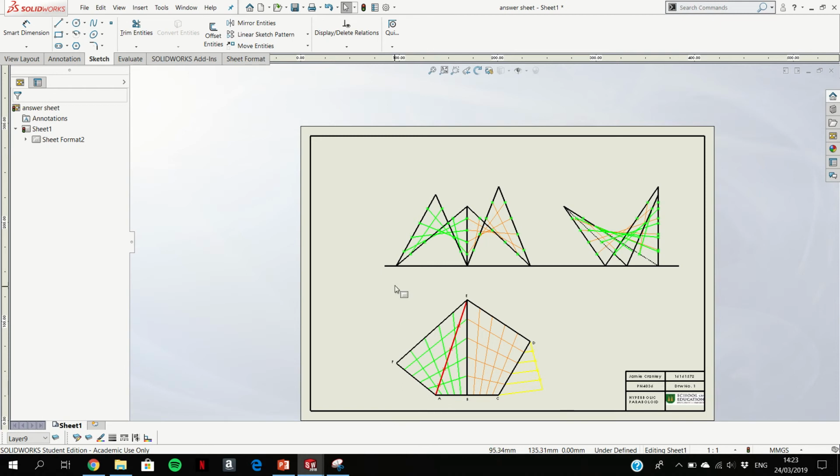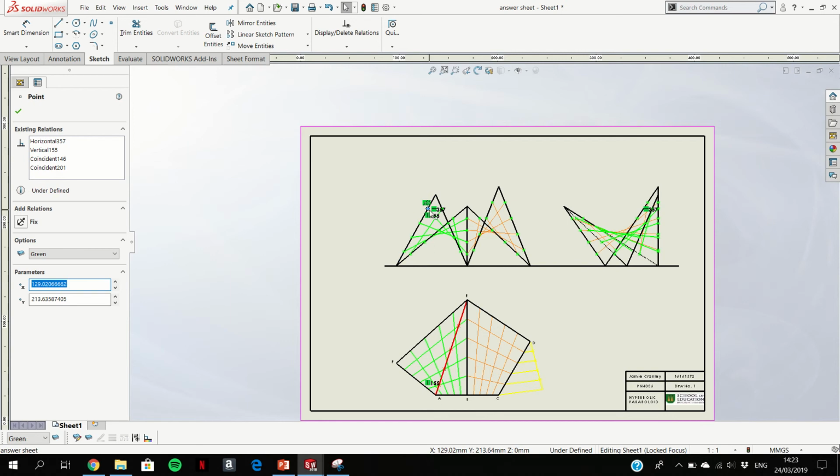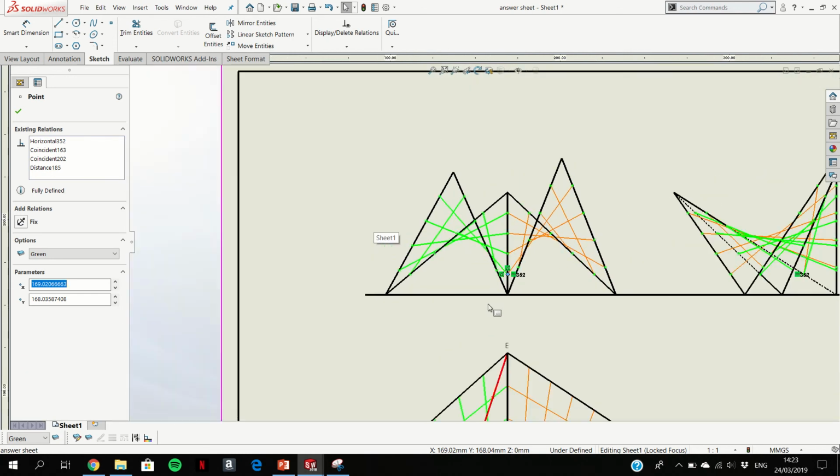Line AF would be this line here, and then go straight up from where our point is in the plan to where it hits this line, and that is where our new element is. Then all it is, is joining the dots again, joining this point to this point here, and that will show the curvature in elevation.